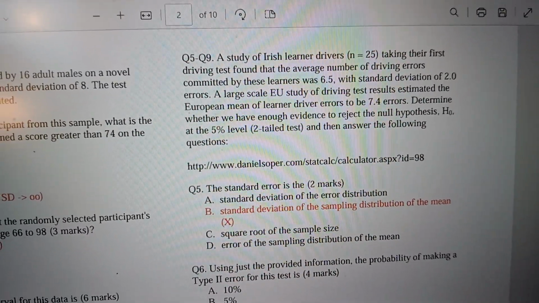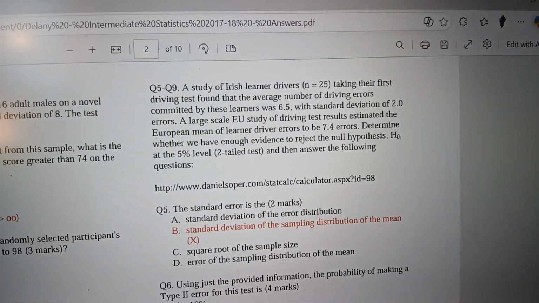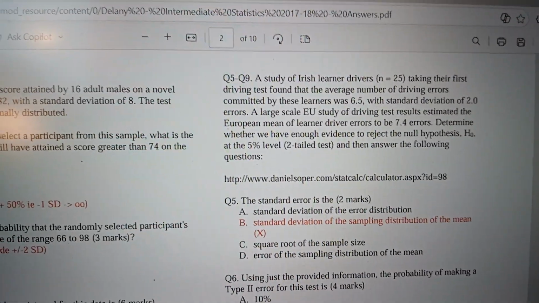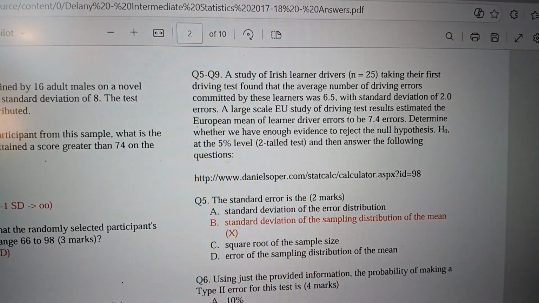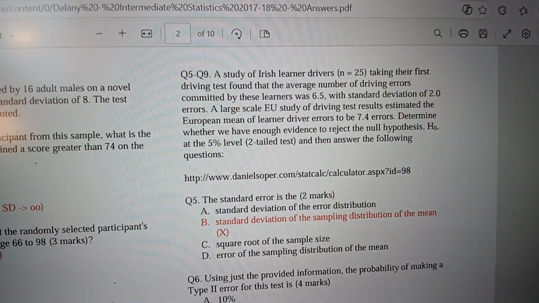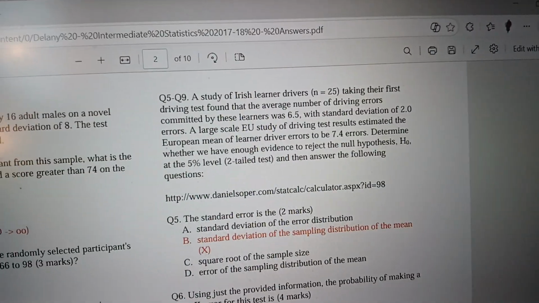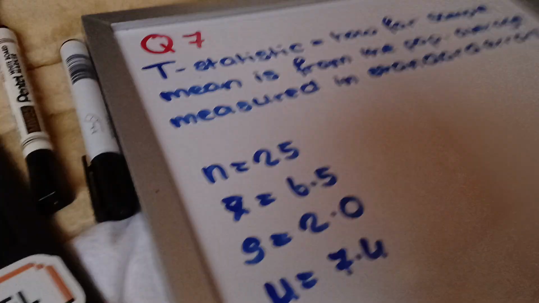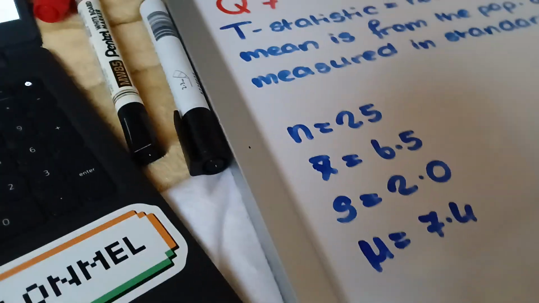So that is the sample average, 6.5, with a standard deviation of 2, so S equals 2. A large EU study of the driving test results estimated the European mean of learner driver errors to be 7.4, so the population average is 7.4. And the significance level is 5%. Great, that is all the information that we need from this question.